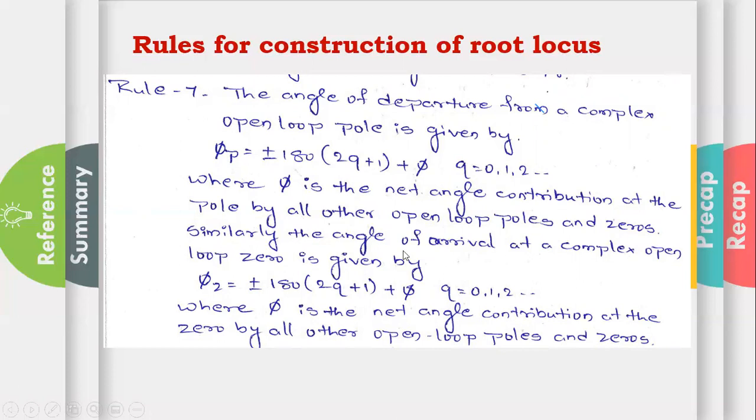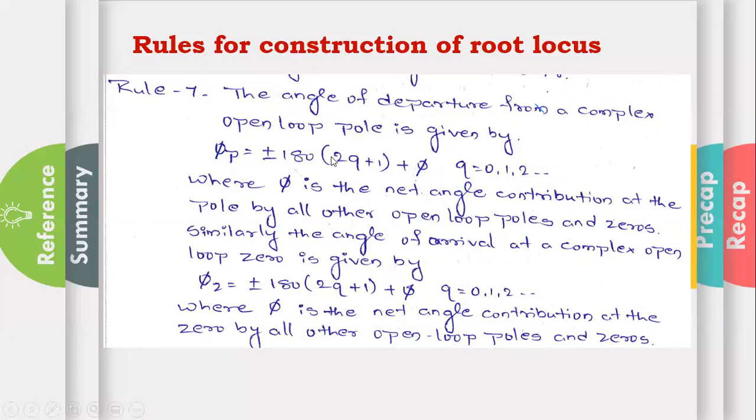Similarly, the angle of arrival at the complex open loop zeros is given by phi z equal to plus or minus 180 into (2q plus 1) plus phi, where phi is the net angle contribution at the zero by all the other open loop poles and zeros.